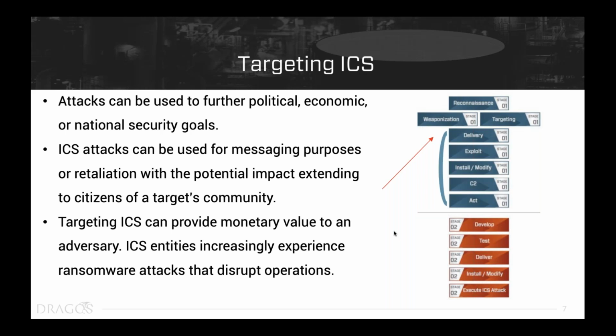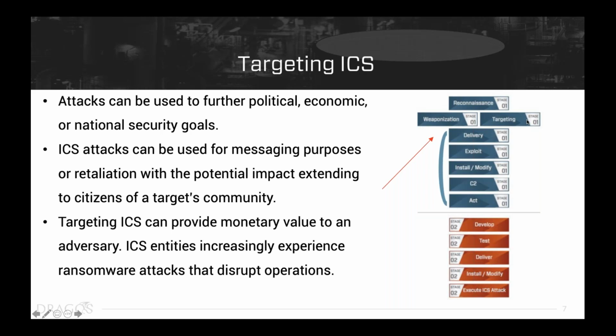Adversaries will target industrial entities for a variety of reasons. Attacks on ICS entities like oil and gas or electric utilities, these entities that serve critical functions within a society, can be used to further political, economic, or national security goals. Primarily, there are two distinct sets. There are nation-state related attacks, or there are cyber criminal or financial gain type attacks.